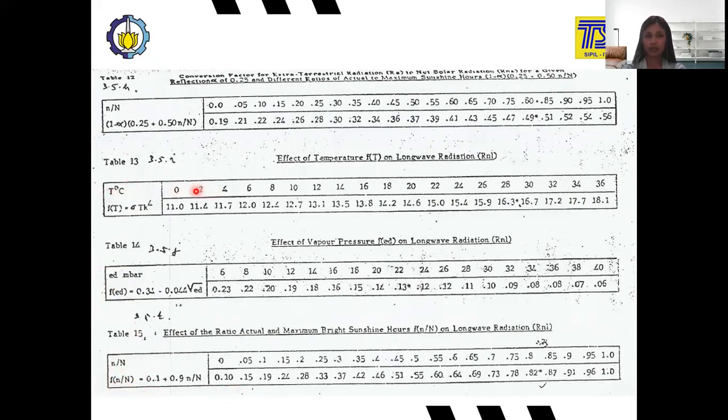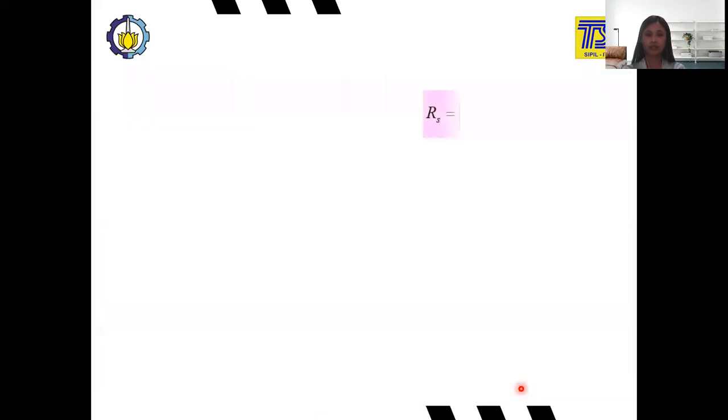Based on the temperature, you will get the number of the function of the temperature. Based on the actual vapor pressure, you will get the function of the actual vapor pressure. And then we have the effect of the ratio of the sunshine hours per day, n/N, and you will get the function of n/N here.